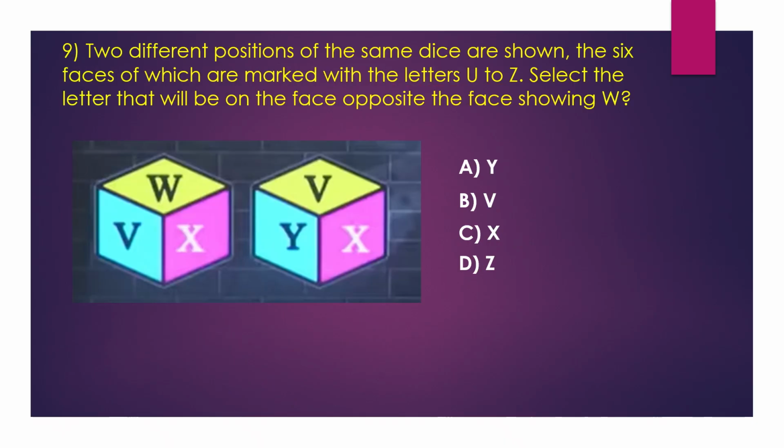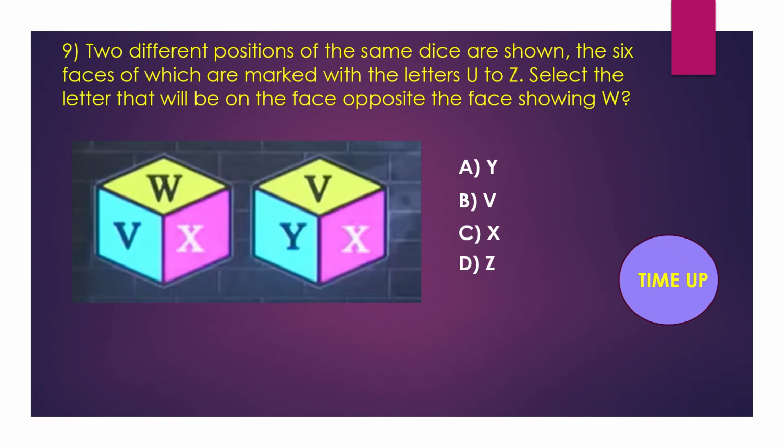Ninth question on your screen and your timer starts now. Two different positions of the same dice are shown, the six faces of which are marked with the letters U to Z. Select the letter that will be on the face opposite the face showing W. So what is the opposite of W?